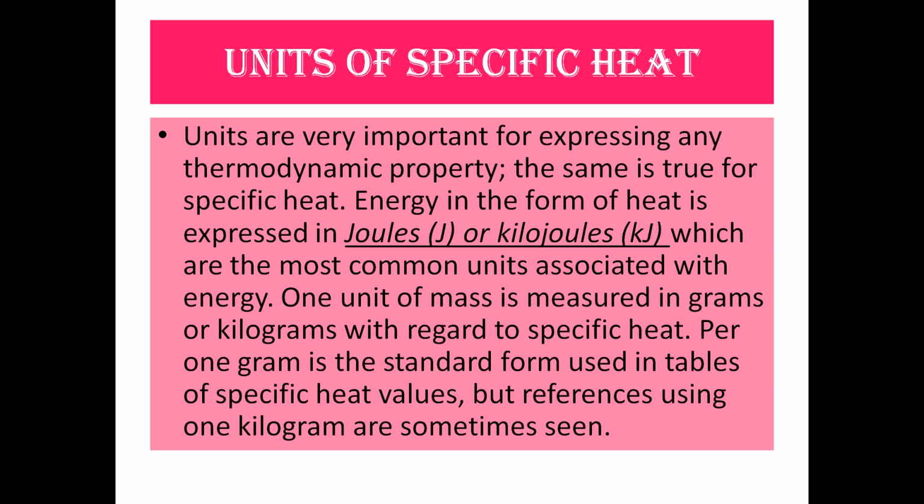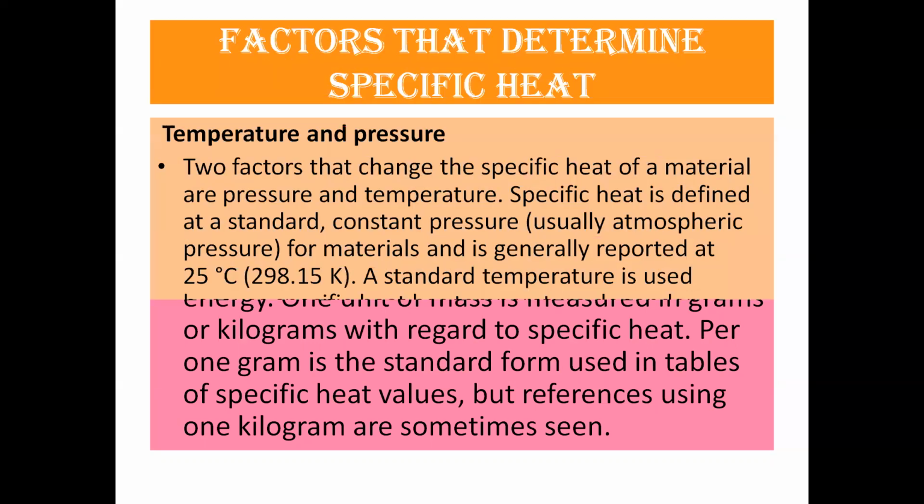Mass is measured in grams or kilograms. Per 1 gram is the standard form used in tables of specific heat values, but references using 1 kilogram are sometimes seen. The standard values I will show after this slide.